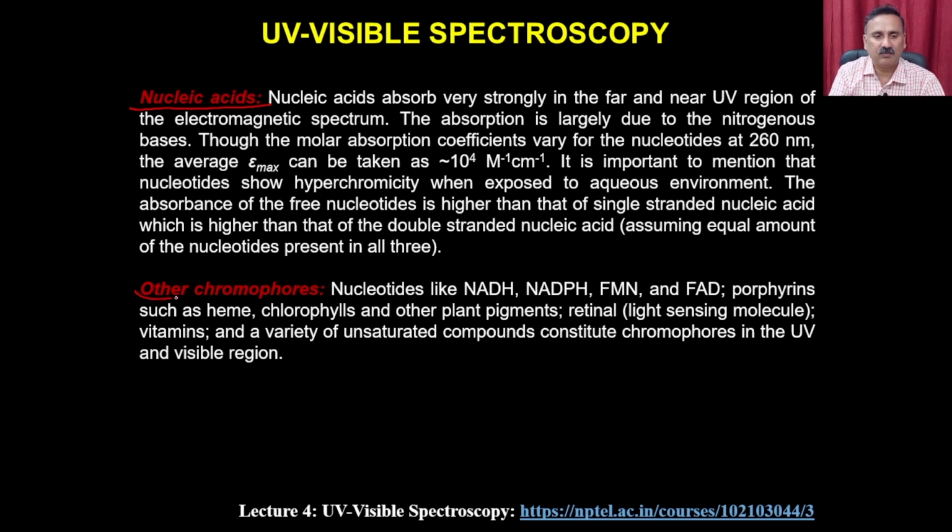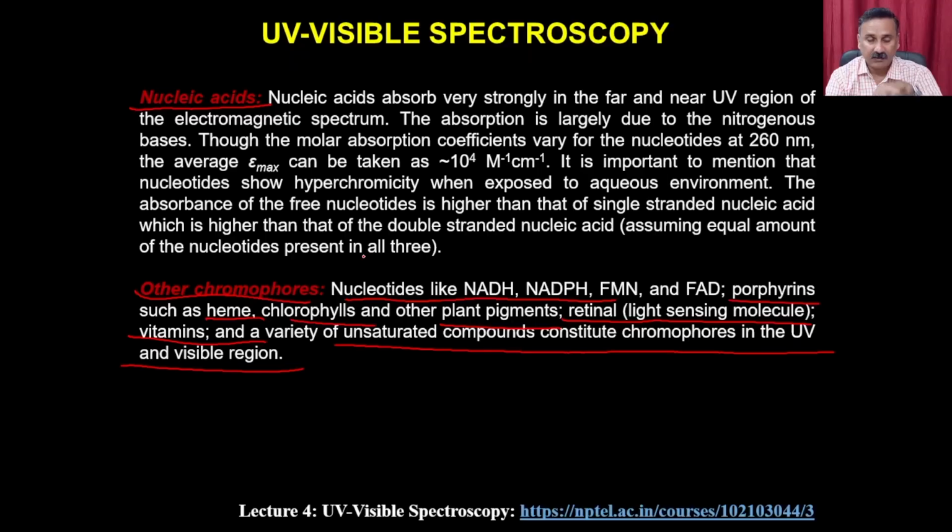You can also have chromophores in other biological molecules like nucleotides, and porphyrins such as heme, chlorophylls, and other plant pigments. Then we have retinol, which is a light-sensitive molecule, vitamins, and a variety of unsaturated compounds which have chromophores in the UV and visible range.